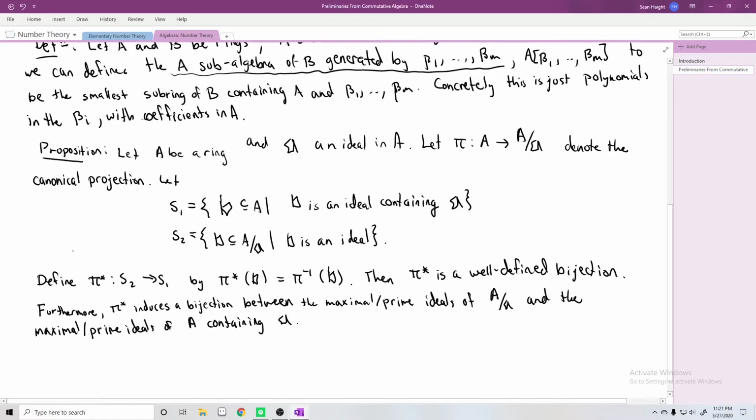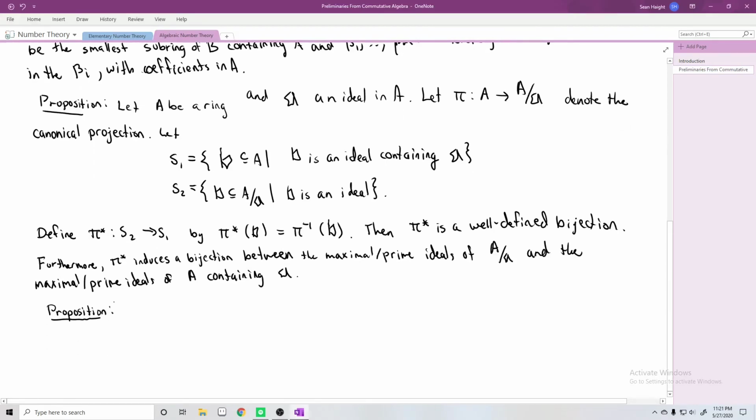Okay, and the last proposition from this section, which is important, which I think is even like the third isomorphism theorem or something like this. Another important result from ring theory.